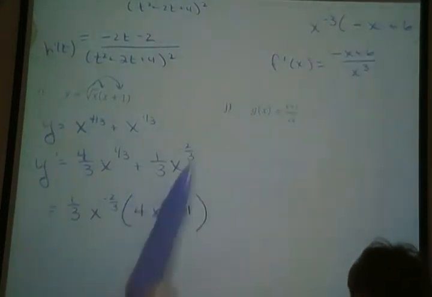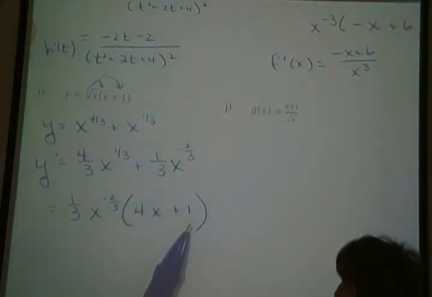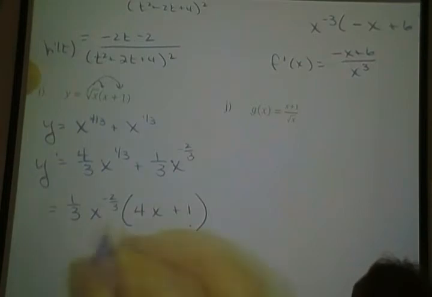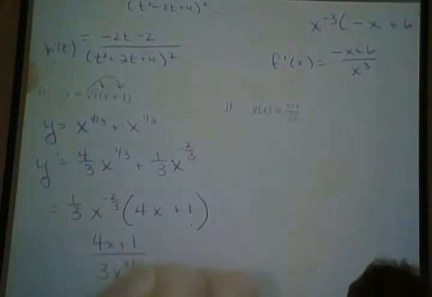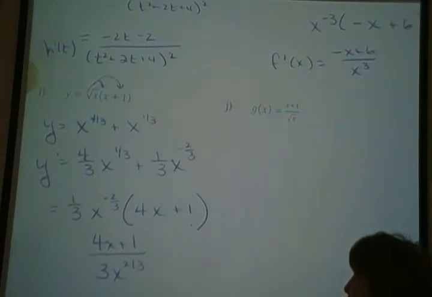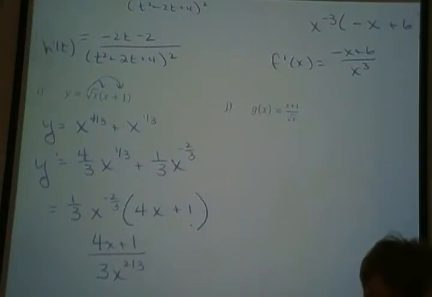Because I pulled all of this out, I have to put 1 there to hold the spot. And then rewriting it as 4x plus 1 over 3x to the 2/3. So distributing to avoid the product rule.